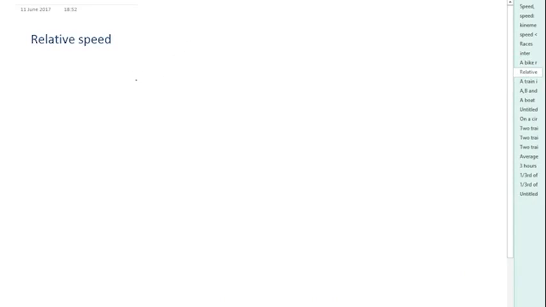If two objects are approaching each other, one is approaching at V, the other one is coming at U. Although in general they seem to be traveling at V and U, for somebody sitting on this particular vehicle, the other one would be approaching them at a speed of V plus U, right? The speed will add up. They are not approaching each other at speed V or U, they are approaching each other at a speed of V plus U. So the gap between them is closing at a speed of V plus U.